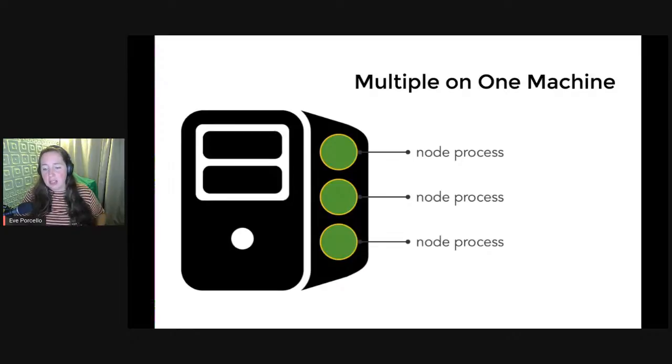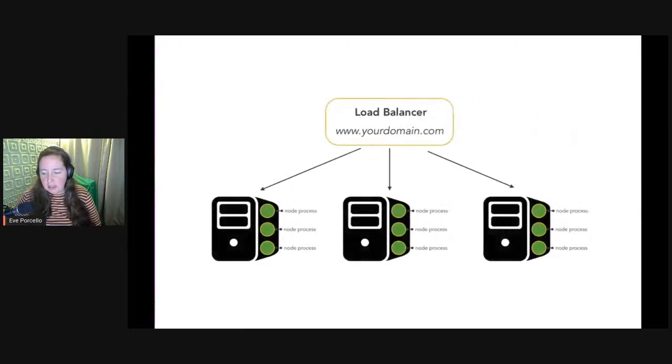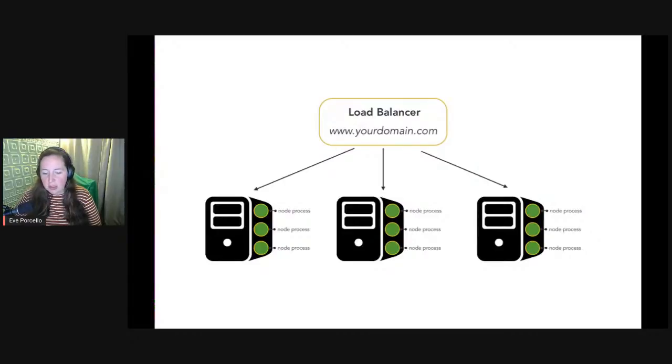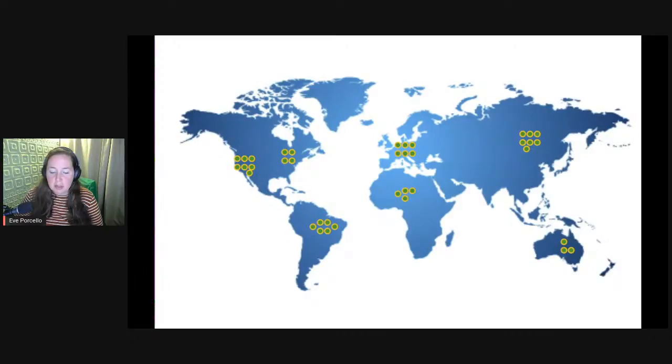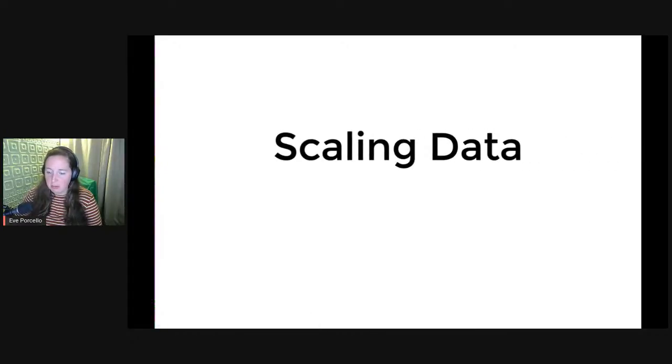We also could run these as multiple instances on a single machine, or we could put all of these instances behind some sort of a load balancer and then put these instances all over the world. So we could have different data centers all over the globe.